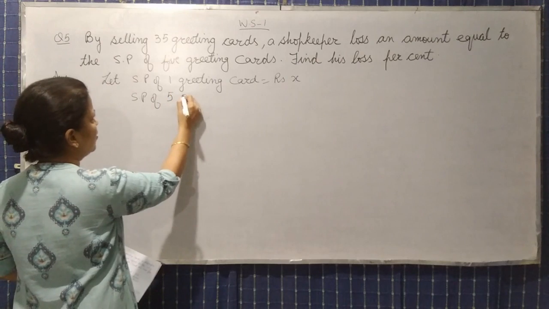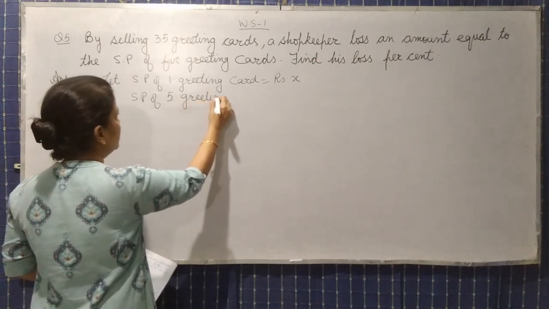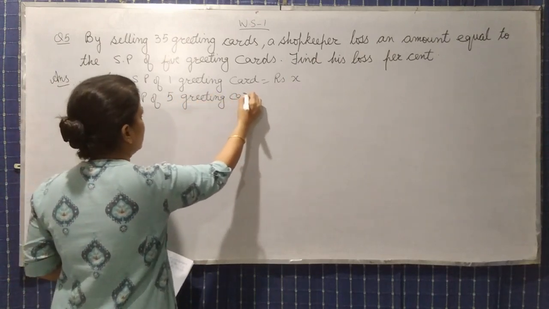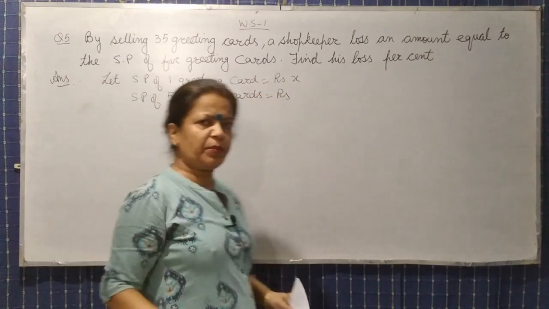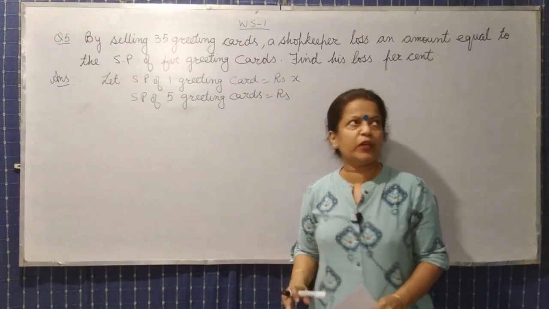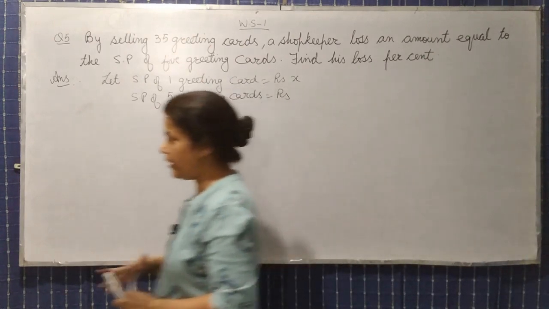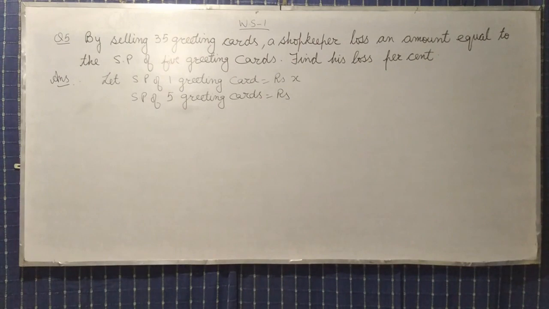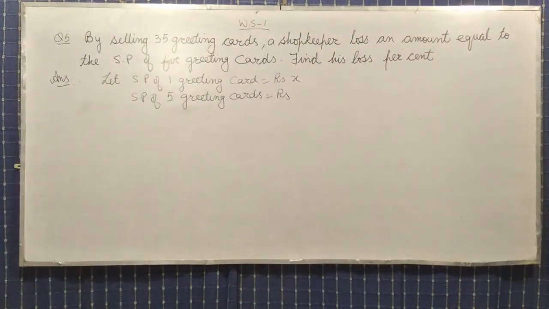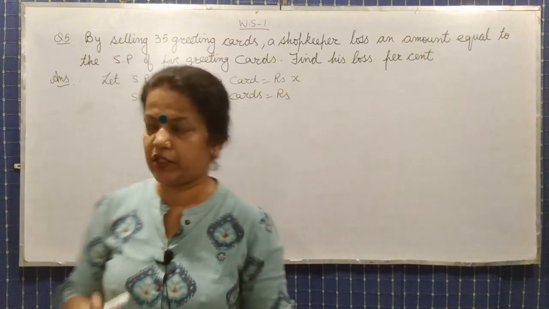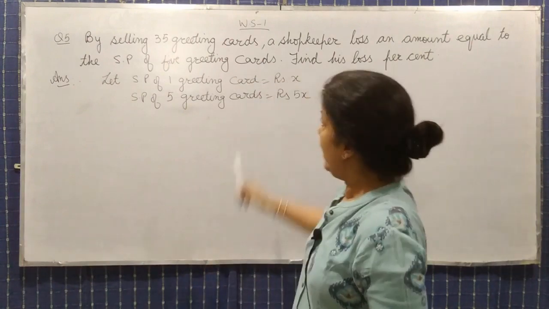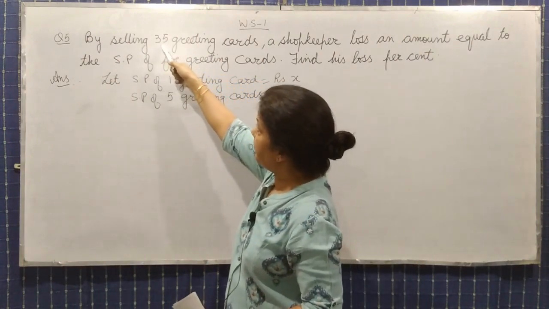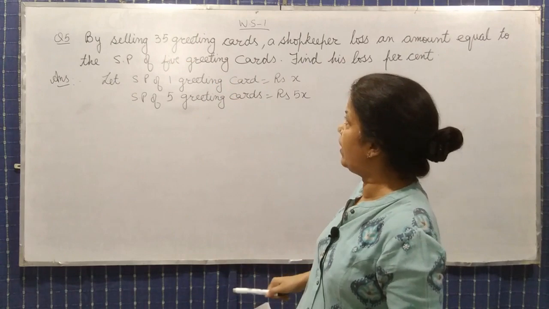If the selling price of one card is rupees X, what should be the selling price of 5 greeting cards? It will be 5x.